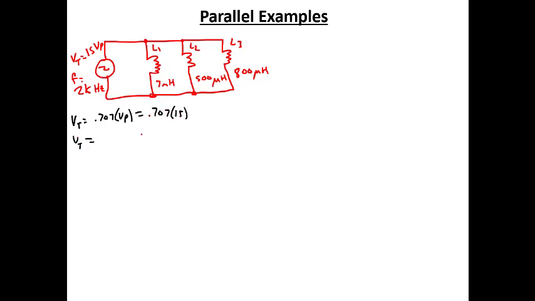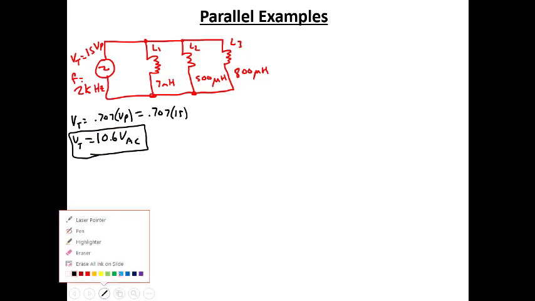Let me punch that in my calculator real quick, and I get 10.6. And that's volts AC. So this is the voltage that we're going to use in the problem as we solve for all of our other items.